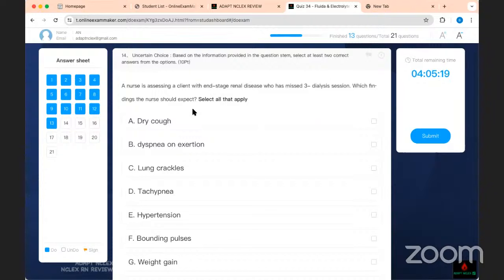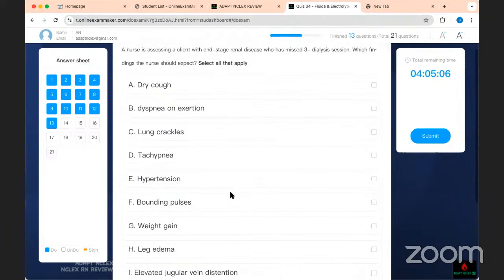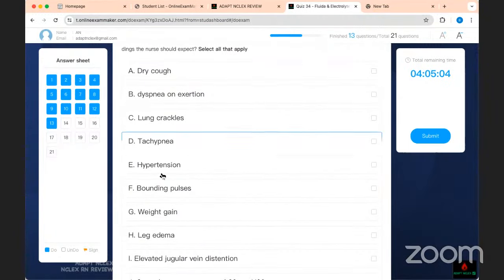What do you expect in this patient? A dialysis patient, fluid overloaded. Therefore, if fluid overloaded, which of these is a sign of fluid overload? That's how you break down the question.